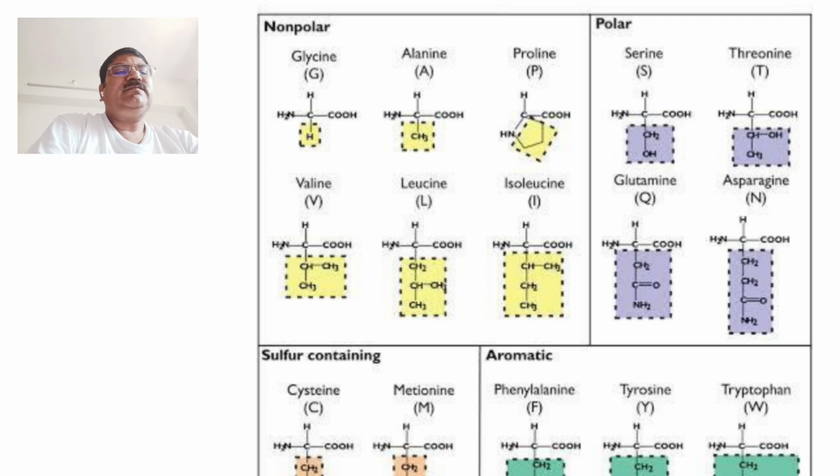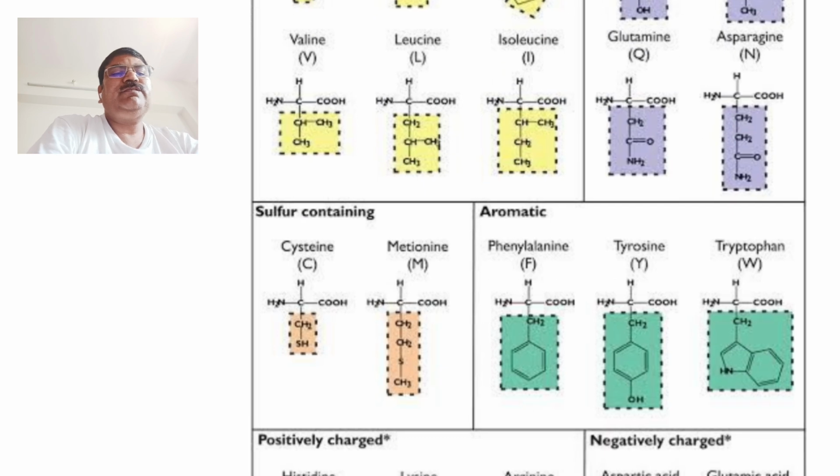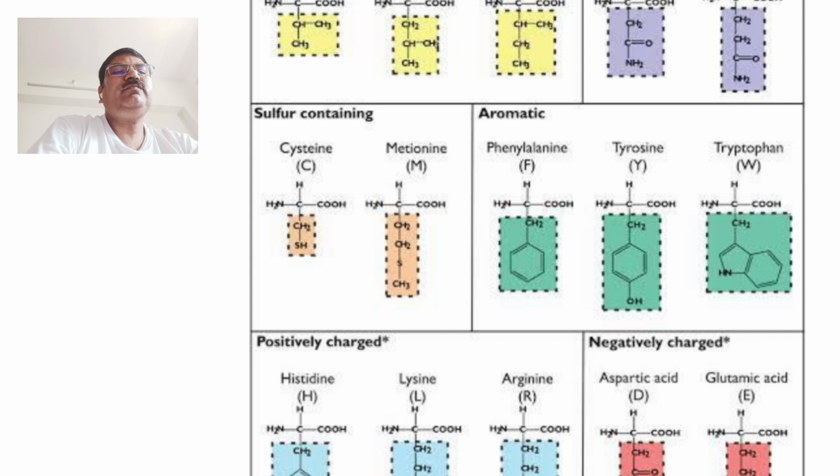In classification, there are also two special classes of alpha amino acid, that is sulfur containing alpha amino acids: cysteine containing a thiol as the R group, while methionine also contains sulfur.